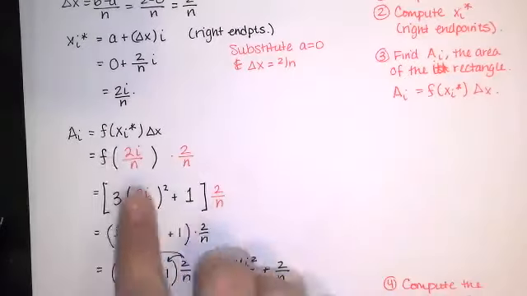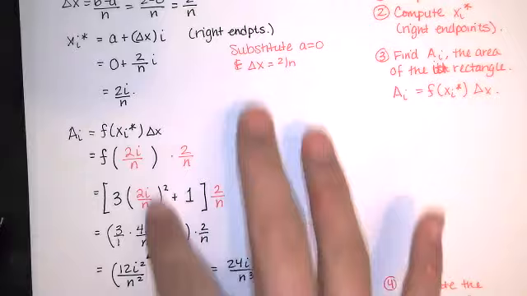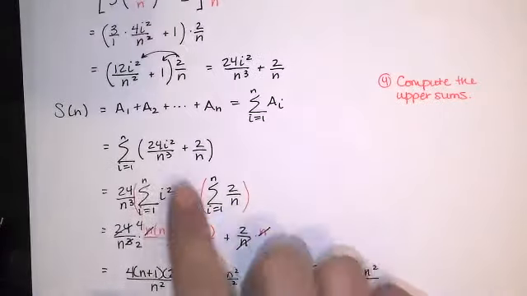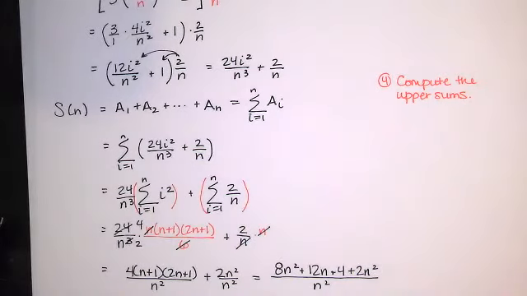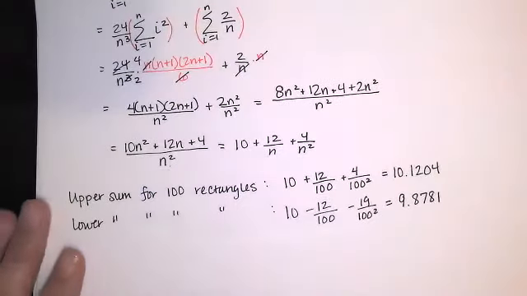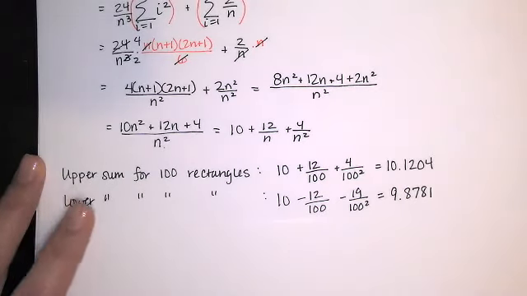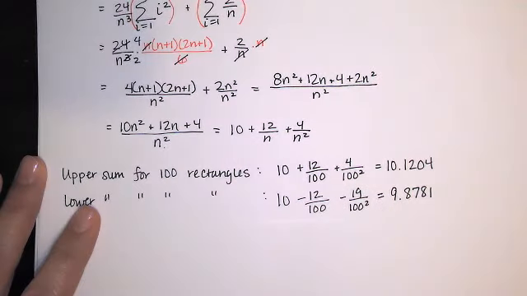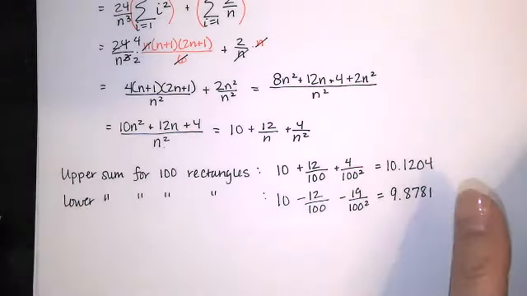Then in each case, we evaluate the function either at the left endpoints or right endpoints. We simplify, and then we add all of those together. And then we simplify this formula using our formulas for summation that we studied earlier. And then we've got a formula that represents an overestimate of the area and a formula that represents an underestimate of the area. Yeah, the actual area lies in between that lower estimate and that upper estimate.